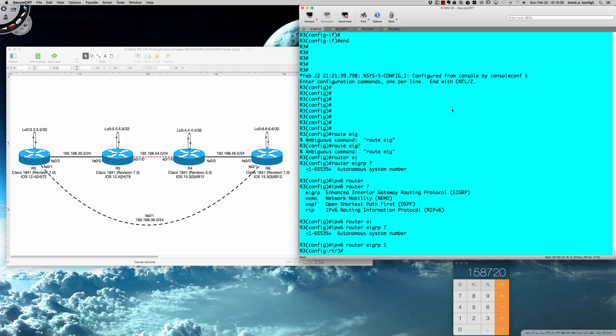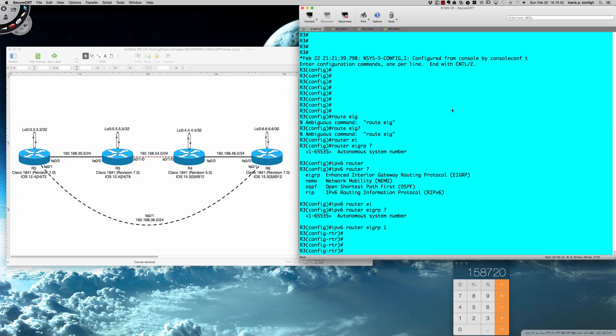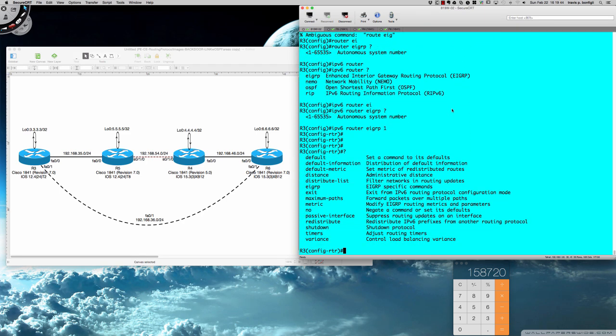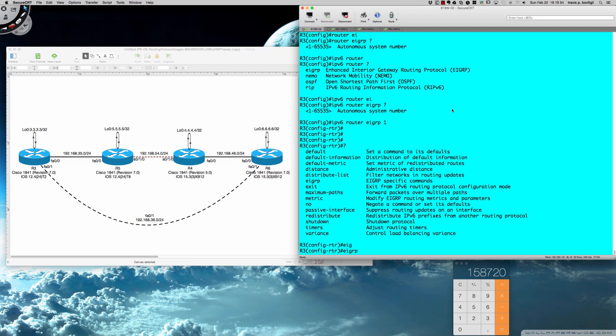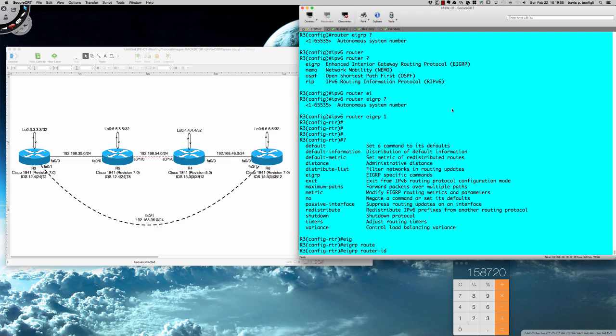So we're going to keep it as 1 because that's what it currently is. If I do the question mark, you can see that we've got some different options, very similar to EIGRP for IPv4. Let's set the router ID. So the EIGRP router ID for router 3 is still going to be 3.3.3.3.